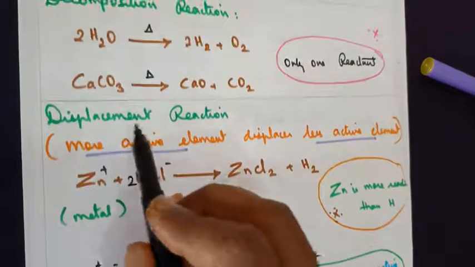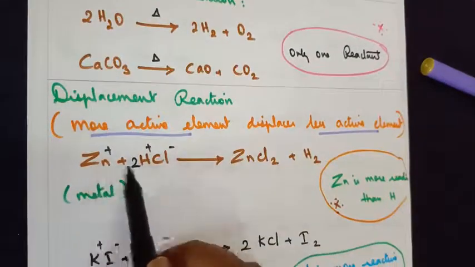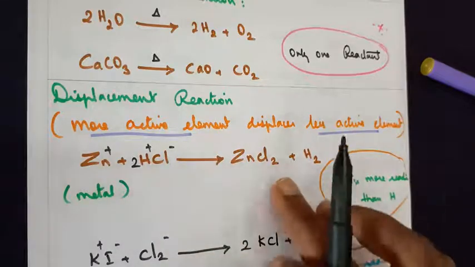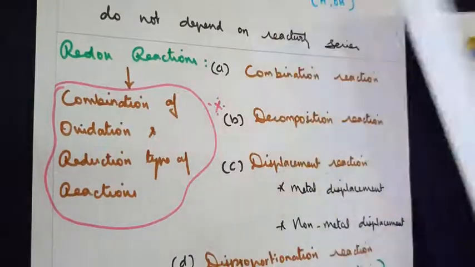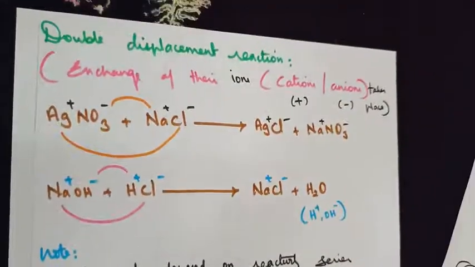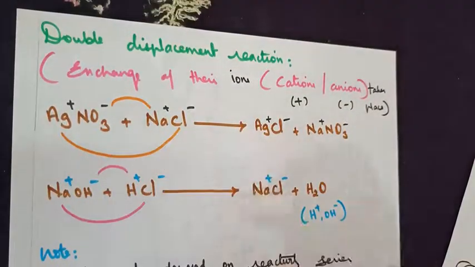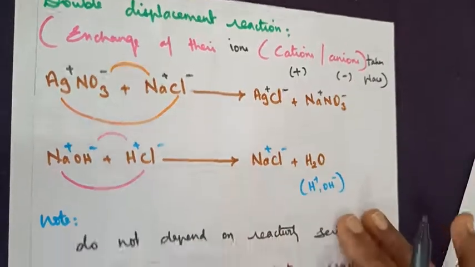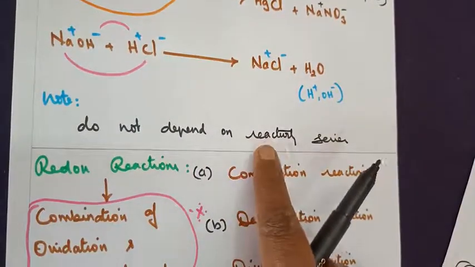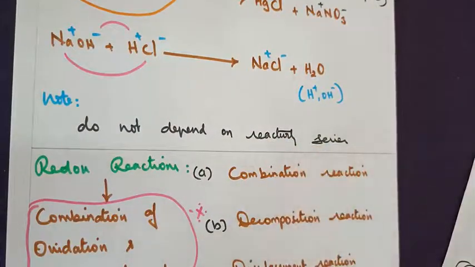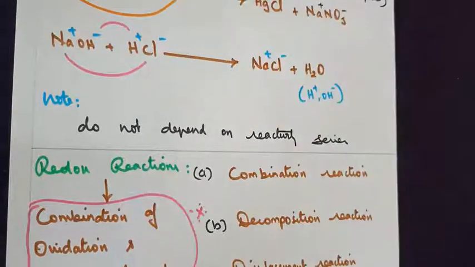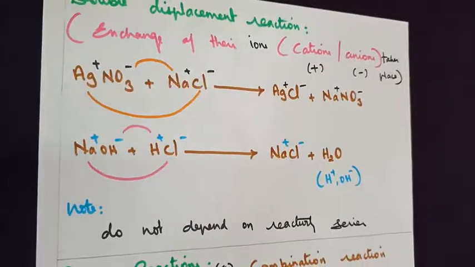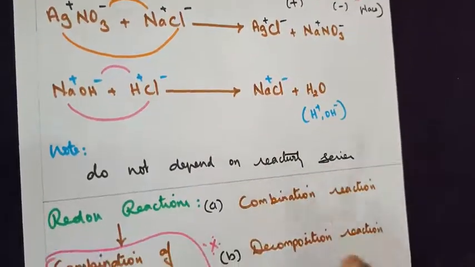So in this displacement reaction, only one displacement takes place, either in terms of positive ion or negative ion. When we say double displacement, both the positive and negative ion displacement takes place here. So they do not depend on a reactivity series. Displacement reaction depends on reactivity series. Double displacement reactions do not depend on reactivity series.